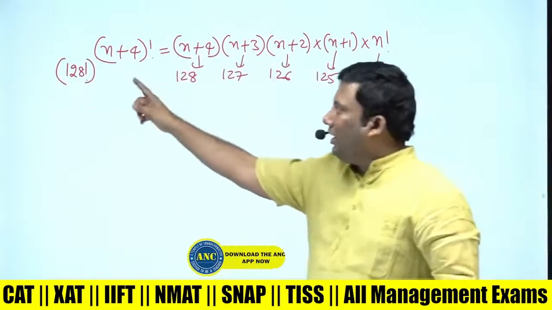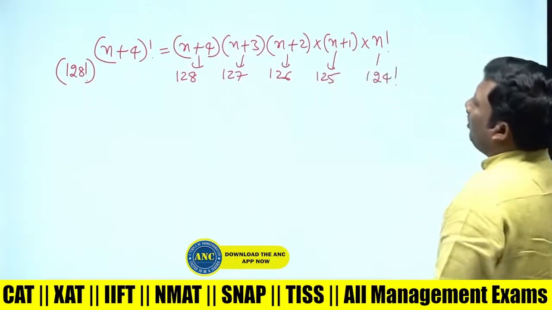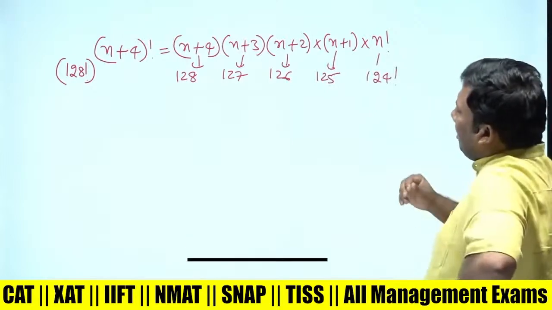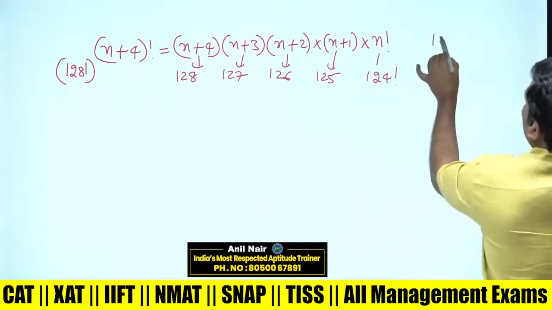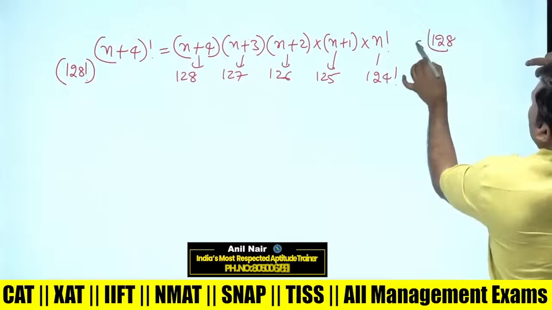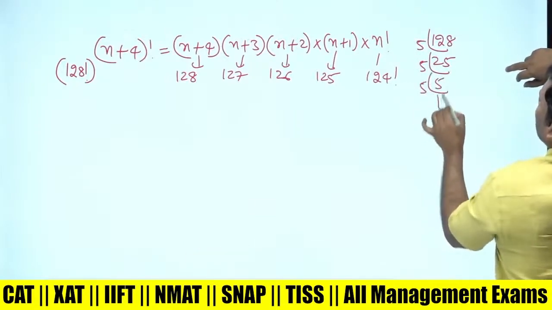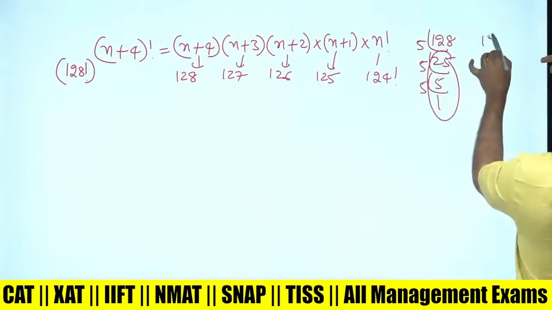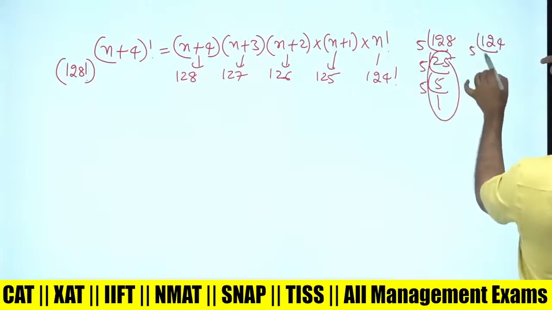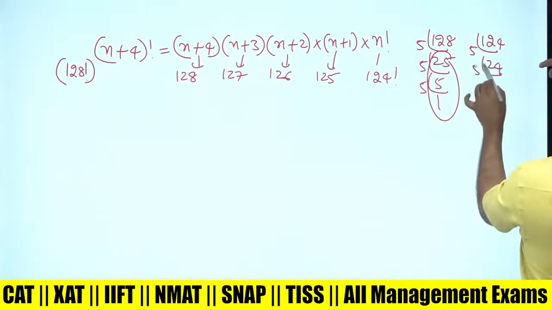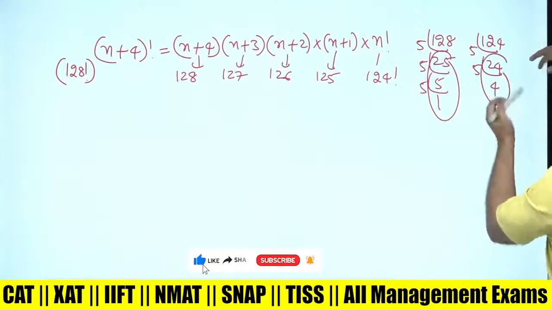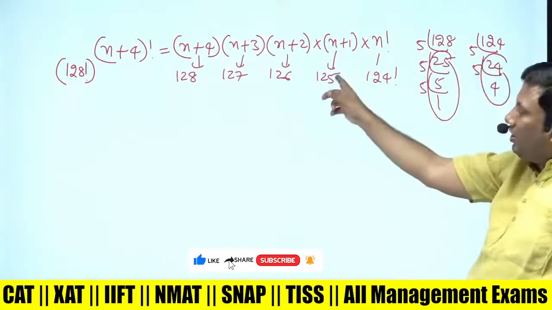Now see here. If I take 128 factorial, 5 25s are, 5 5s are, 5 1s are, 31 zeros. 124, if I take, 4 25s are, 24 5s... 28 zeros. 3 extra zeros I got.